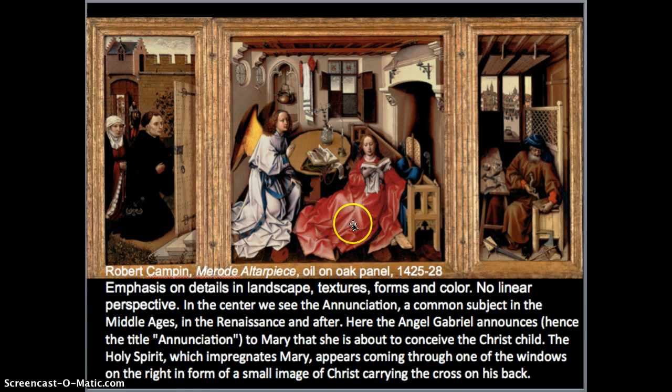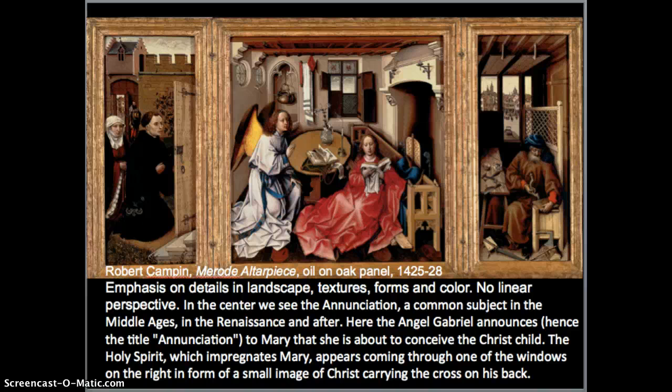If you look at this scene of the Annunciation here in the foreground, the figures are compressed and almost squeezed into the space. We don't have an exact mathematical linear perspective. The Annunciation is the Angel Gabriel coming to Mary and telling her she's going to be giving birth to the Messiah.